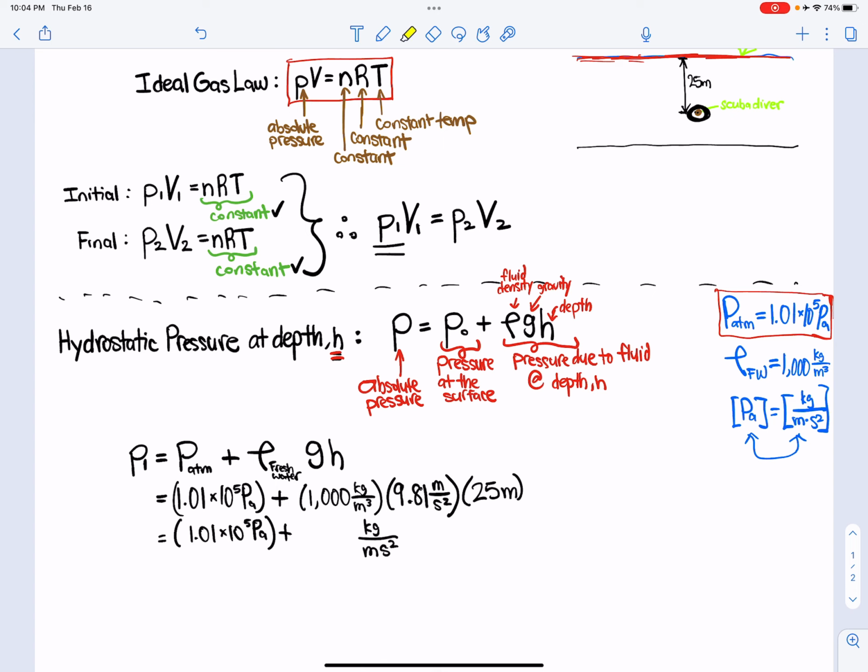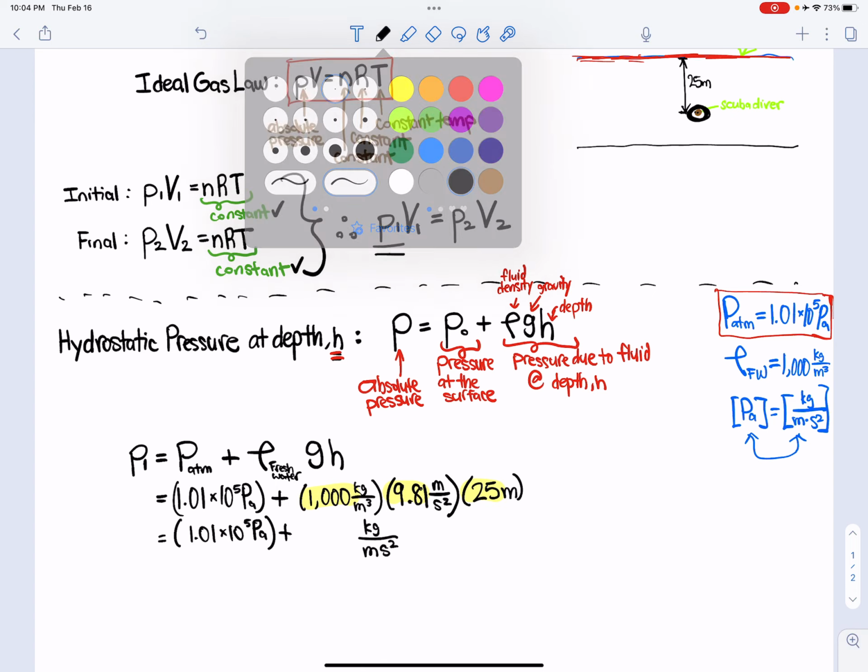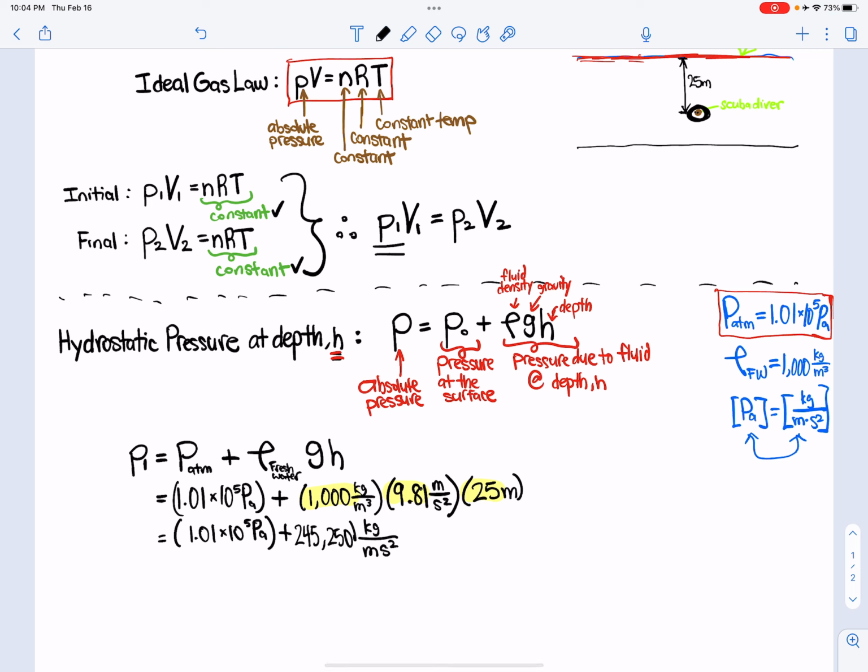And if I multiply these values, I would get 245,250 kilograms per meter second squared. Okay. So since I know a Pascal and kilograms per meter second squared are interchangeable, I'm going to swap this guy with Pascal, since they're the same thing.